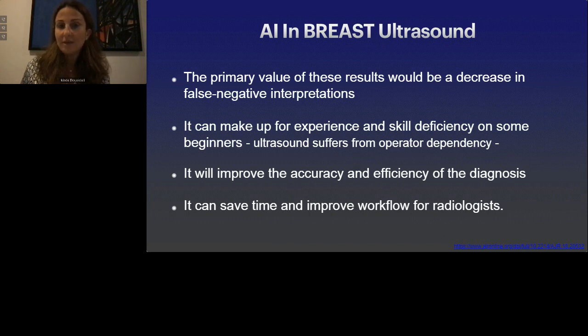So for the time being, we're in the primary phase. It decreases the false negative. It can make up for experience and skills deficiency in some beginners or general radiologists who are doing breast, or newcomers. It will improve accuracy and efficiency.